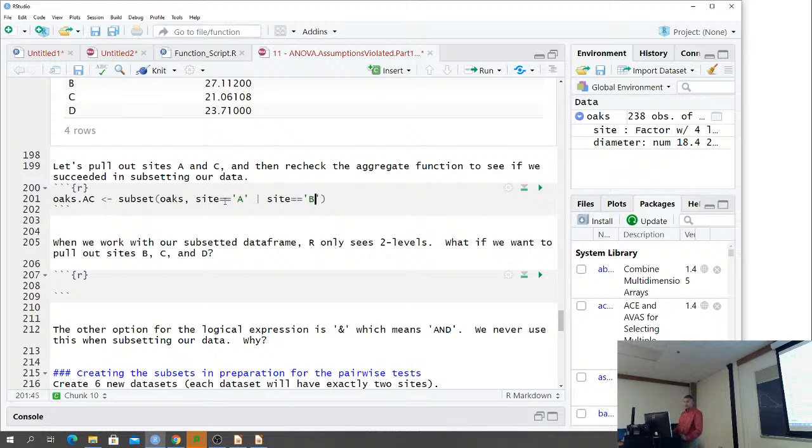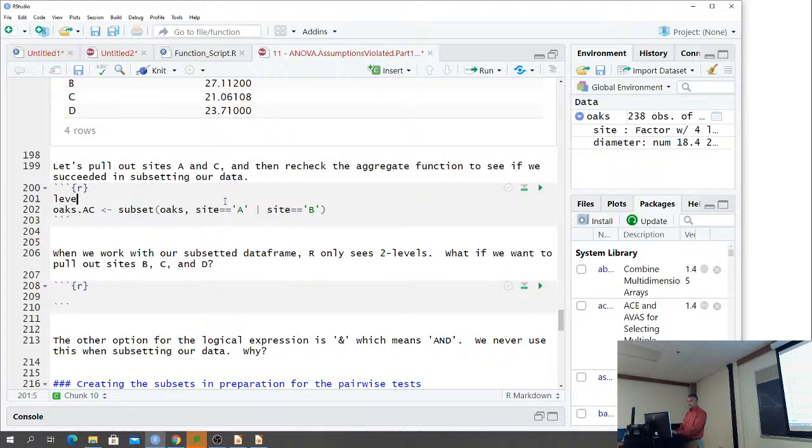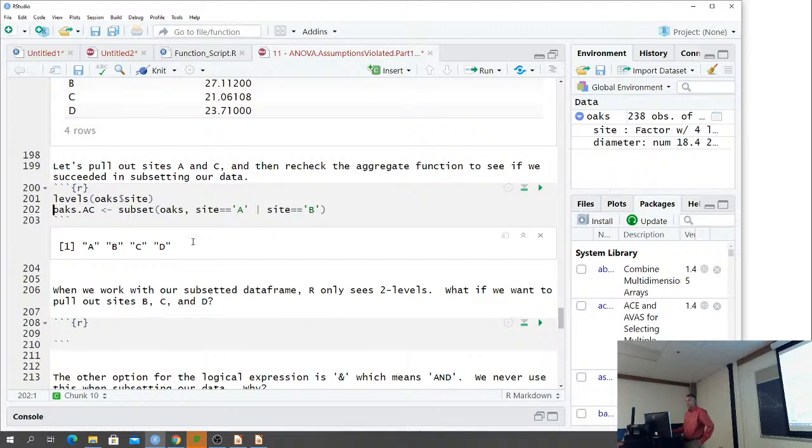Now note that site is a variable in the oaks data set, and we're choosing the levels that are within site, and we can view that by typing in levels, oaks, site, just to see what we have to use to pull out our sites. These are the same levels that appeared in the plot function as well in the box plots.